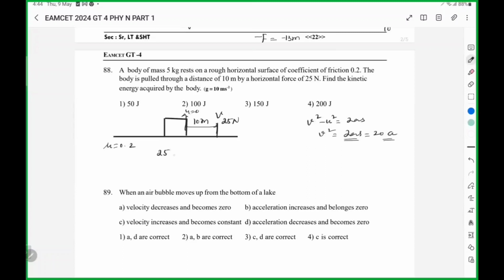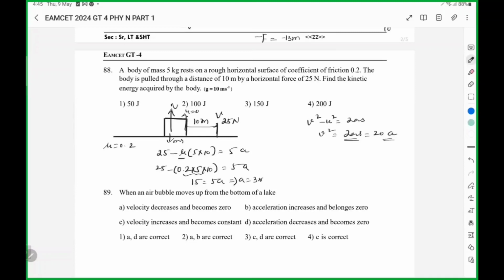Applied force is 25 newtons. Frictional force is mu into normal reaction mg, where mg here is 5 into 10. So 25 minus mu mg equals 5a. Mu is given as 0.2, so 0.2 into 5 into 10 is 10, and 15 equals 5a.